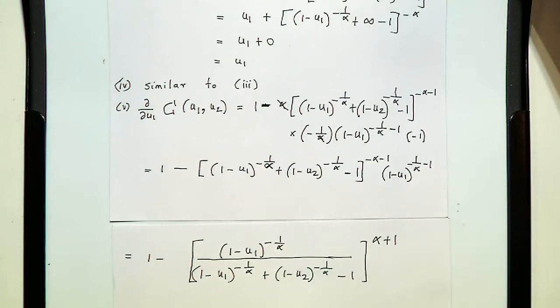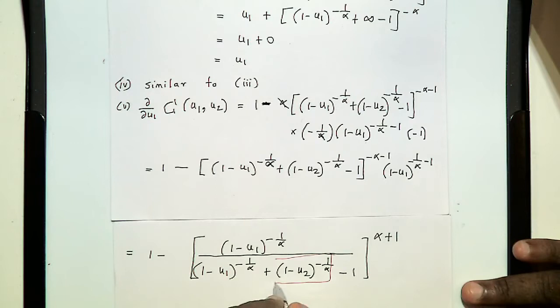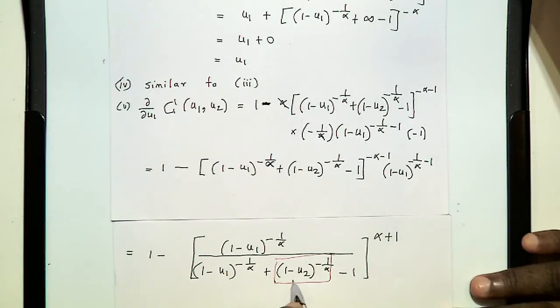You see what I've done? I have written this guy here in this form, right? Now let me ask you, what do you know about this? This guy here, because u2 is a number between 0 and 1, this has to be greater than or equal to 1.